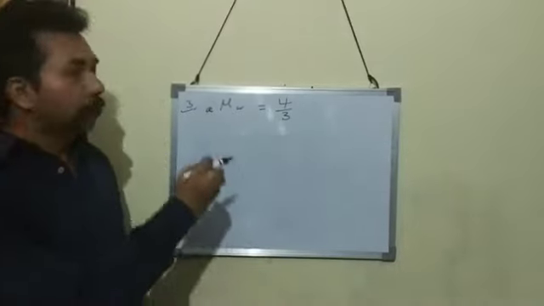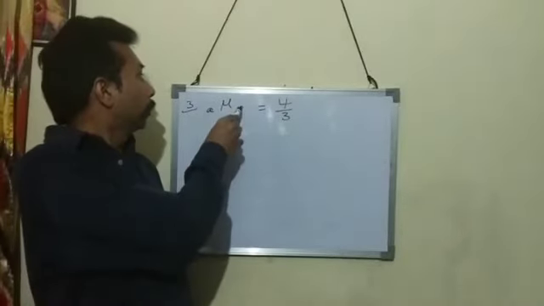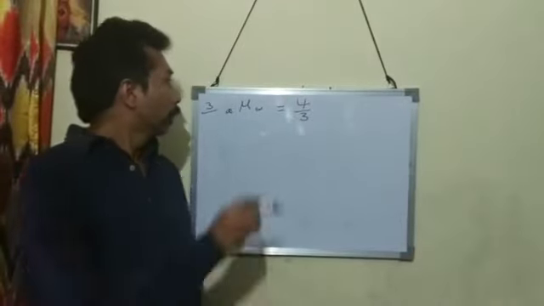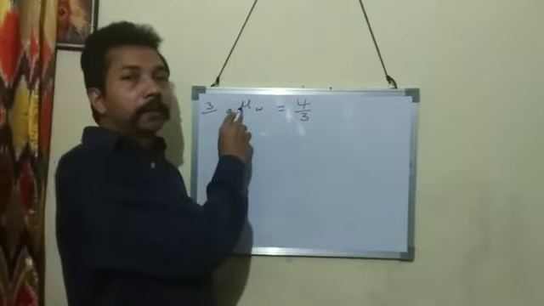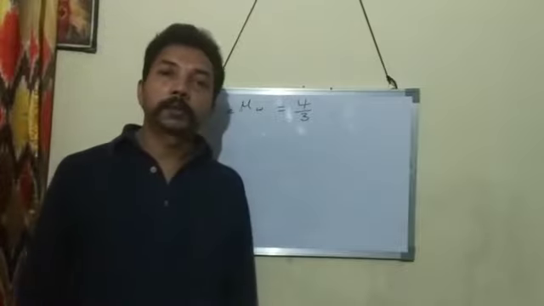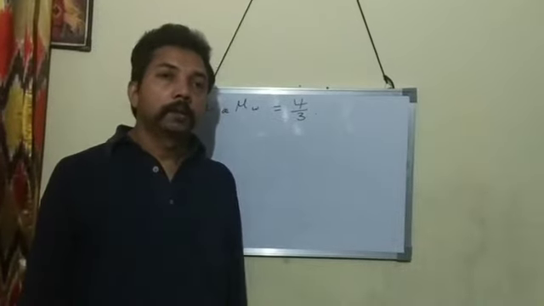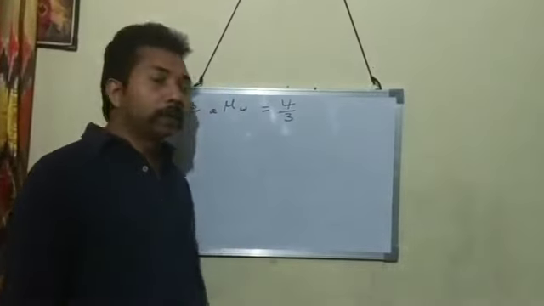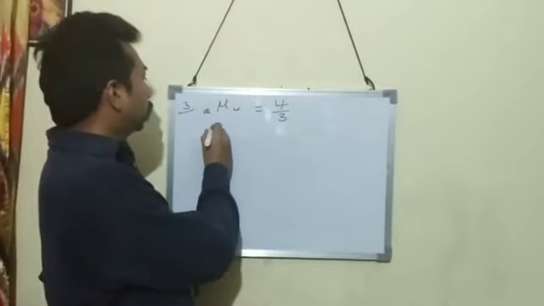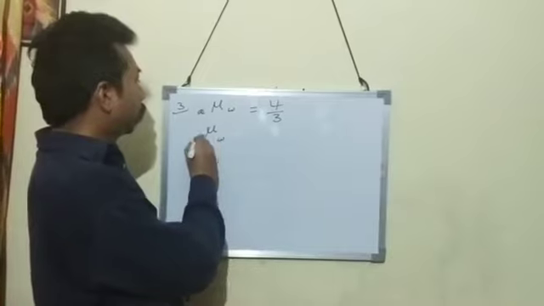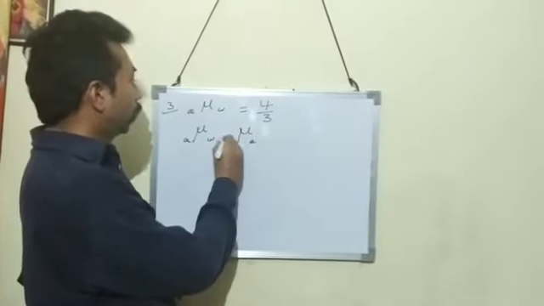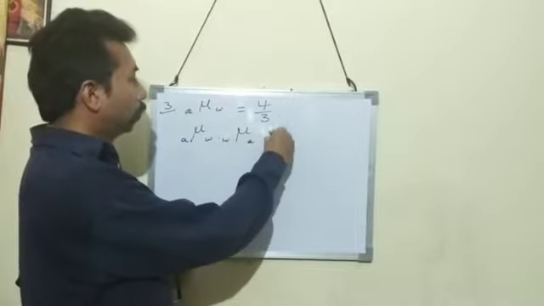In third question, refractive index of water with respect to air is given as 4 upon 3. And we have to find the refractive index of air with respect to water. So we have to use the formula of principle of reversibility of light, that is refractive index of water with respect to air into refractive index of air with respect to water is equal to 1.